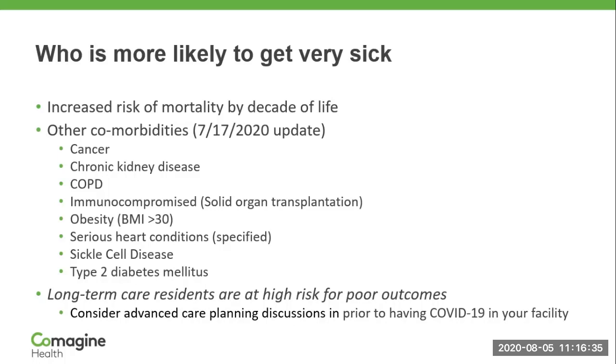So that is actually a significant risk factor in and of itself. And several of these other ones probably look familiar from previous versions of this. Also to point out, long-term care residents are obviously at high risk for poor outcomes due to age and comorbidities. And we encourage you to look at advanced care planning, making sure you have living wills and that people have made their wishes known prior to a crisis situation.